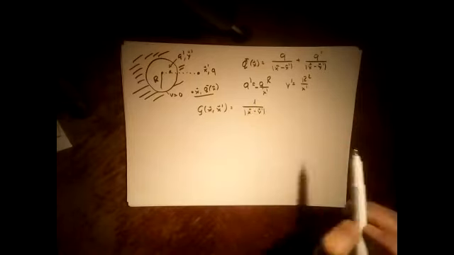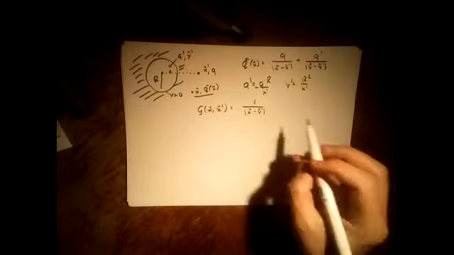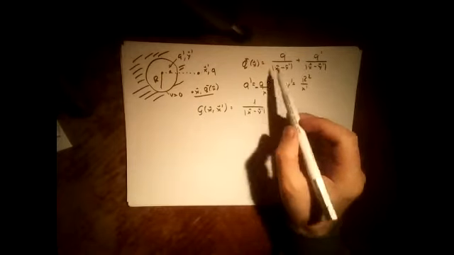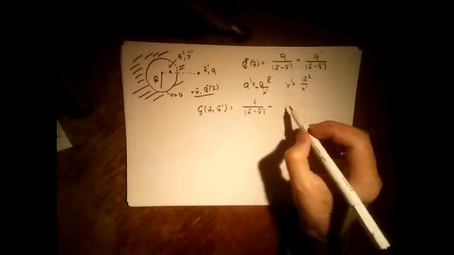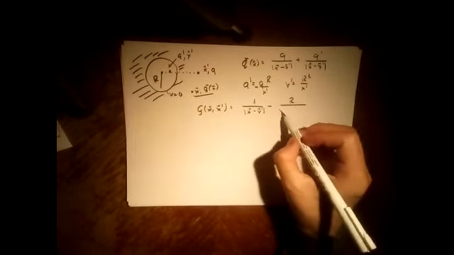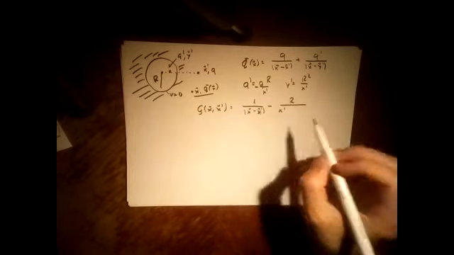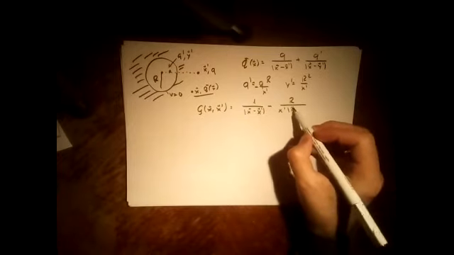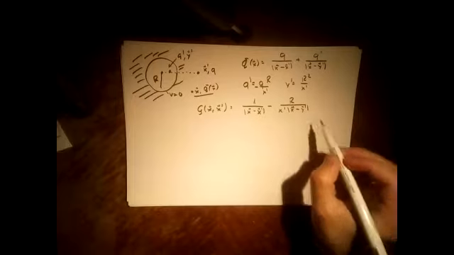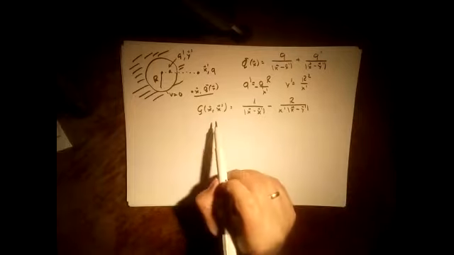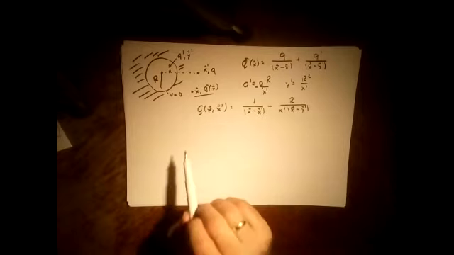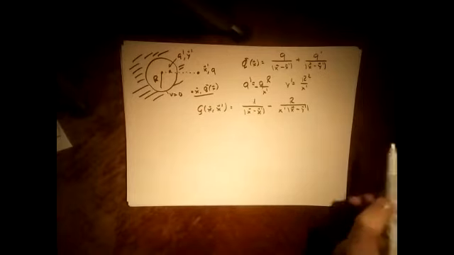So q prime is now unit times r over x prime, giving minus r divided by the magnitude of x prime, times one over the magnitude of x minus y prime. The point is that y prime depends on x prime, so y prime is determined by x prime. So this is a function of the two vector variables x and x prime. That's our Green's function.